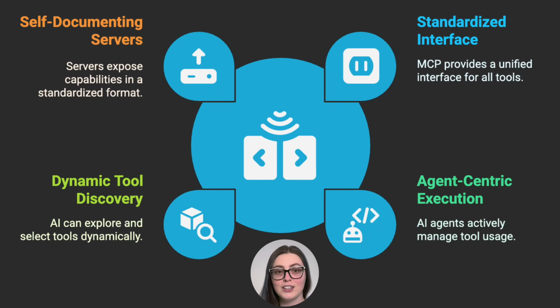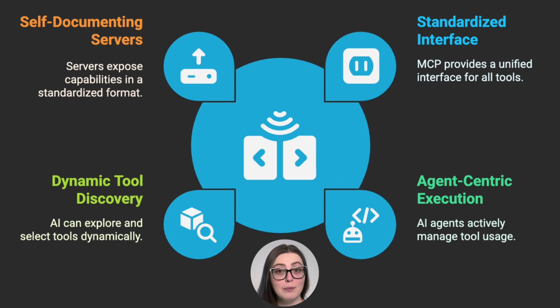MCP takes a fundamentally different approach to these challenges. Instead of requiring custom code for each integration, MCP provides a standardized interface across all tools. This means we write our integration code once, and it works with any MCP-compatible server.